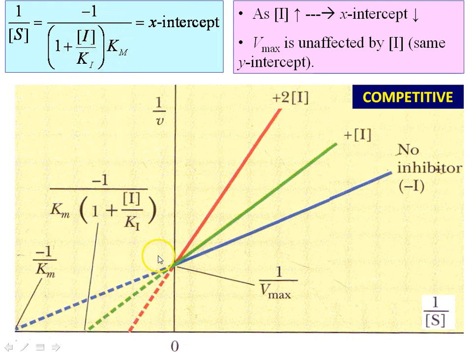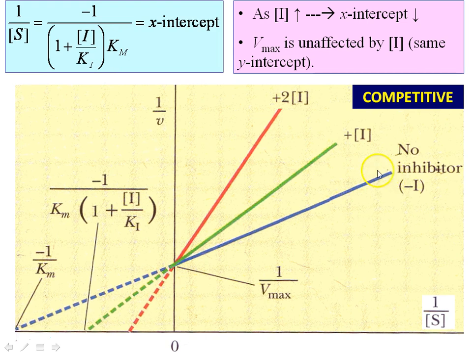In other words, its magnitude is smaller, so it shifts back closer to the 0 point here. So the green axis comes closer to the 0. And if I double, I increase even more the alpha here, the Km apparent is even bigger, and you're dividing by something bigger, so the magnitude is even smaller.